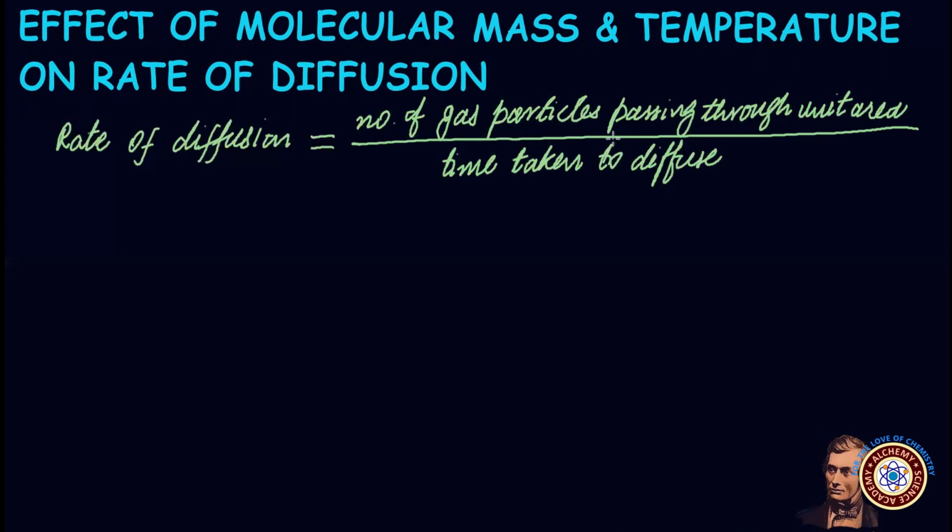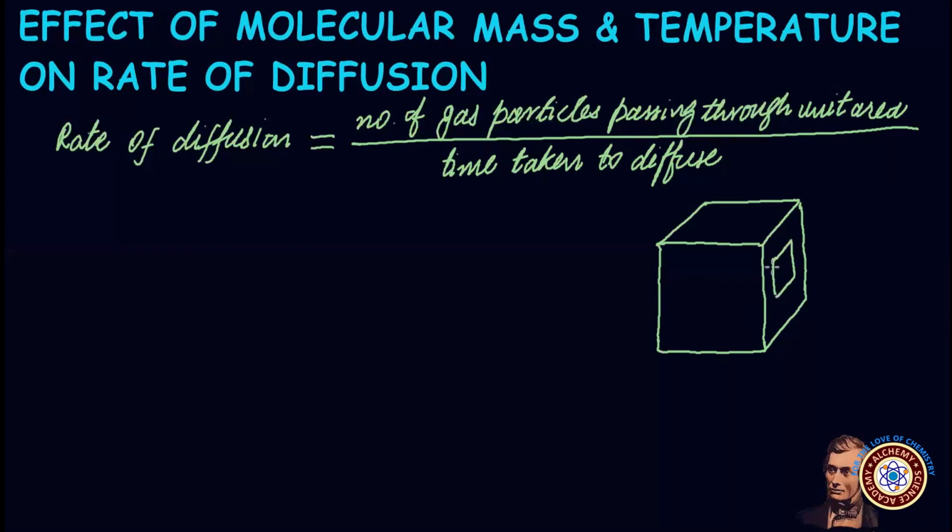Now, in order to understand the rate of diffusion of gases, let us suppose a container having a gas confined in it. Here is the opening that indicates the unit surface area, meaning it is unit length wide and unit length in height. These are the particles of gas confined in it.